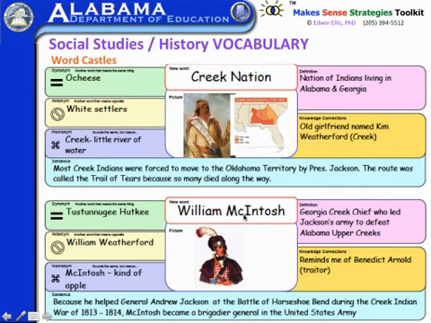Let's look at William McIntosh. And so in this case, the term is a famous person, and they've imported a picture of William McIntosh. Definition, the Georgia Creek chief who led Jackson's army to defeat the Alabama Upper Creeks. Knowledge connection, it reminds me of Benedict Arnold because he was more or less a traitor to his own nation or his own people.